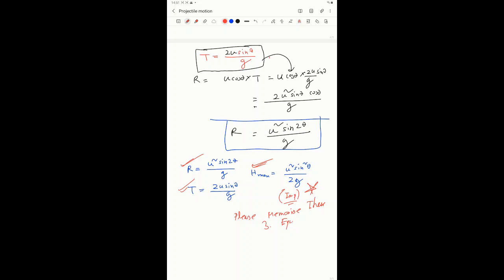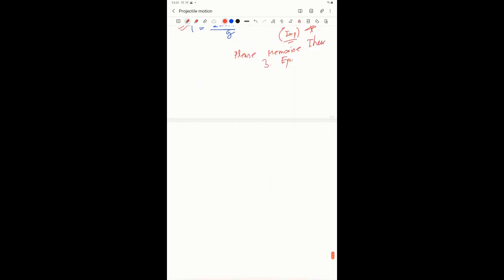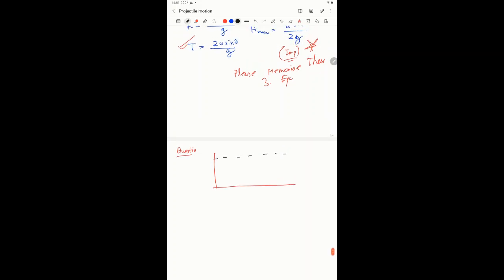To clear the concept, I have a problem. We are projecting three particles, A, B, and C, like this.